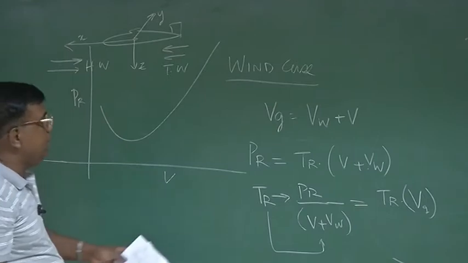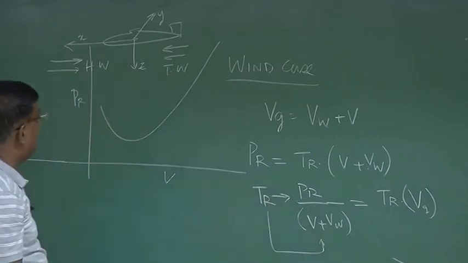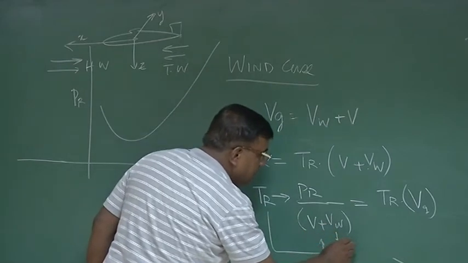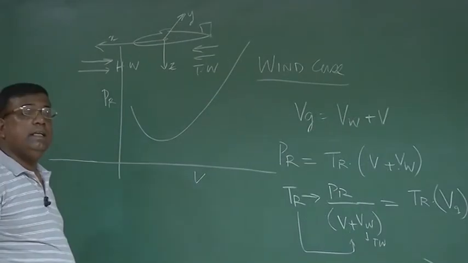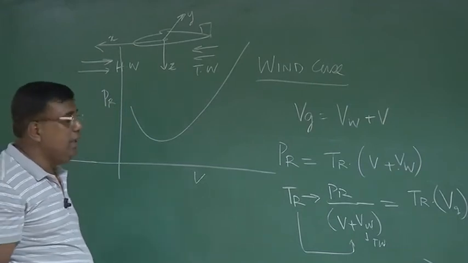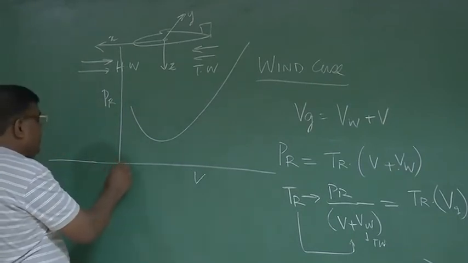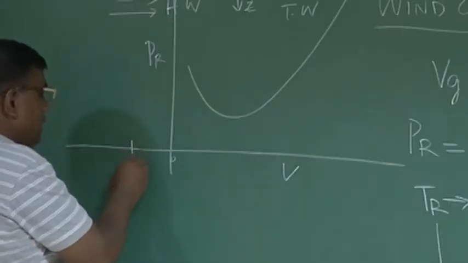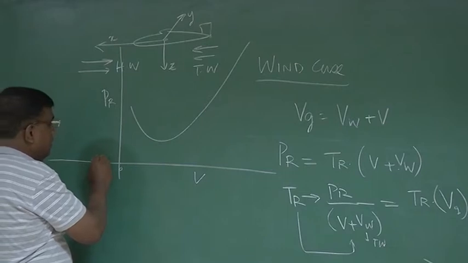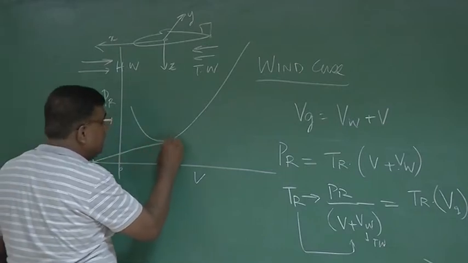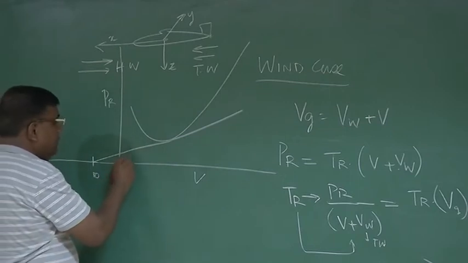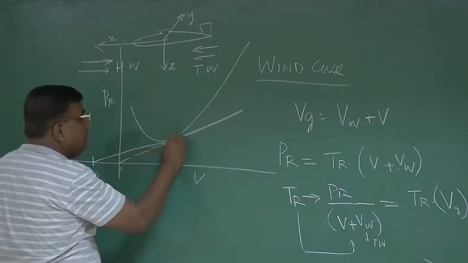So now since there is a Vw, if it is a tailwind, that means this is positive, let's say 5 meter per second or 10 meter per second tailwind is there. So what I will do, I will come to this x-axis and cut 10 here on the negative side. And then I will draw the slope from here. Okay? And for zero wind, the slope was drawn from here.